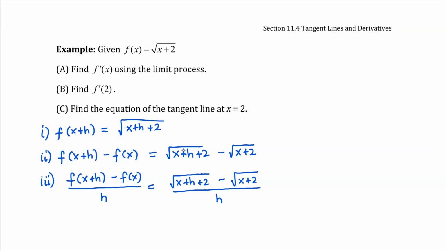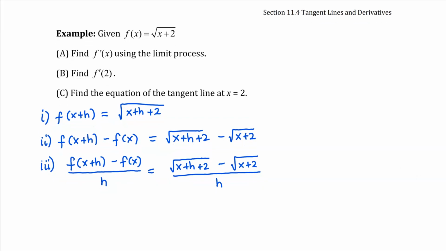Now, since in the final step, we will evaluate the limit of this expression as h approaches 0, that means the denominator becomes 0. And the numerator too is equal to 0. So, in order to proceed, let's rationalize first this given expression. That means we will multiply this by the conjugate of the numerator.